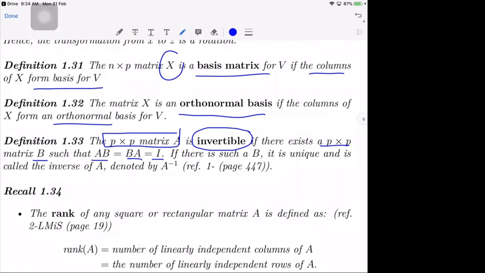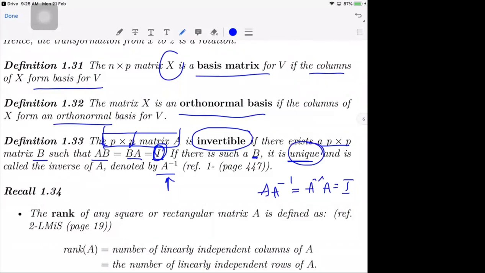If there is such a B and it is unique, but B is not always unique. You can get equal to I, but B will not always be unique. But if this is unique, then it will be called the inverse of A, denoted by A inverse. So that's why you have A inverse A equal to the identity matrix.